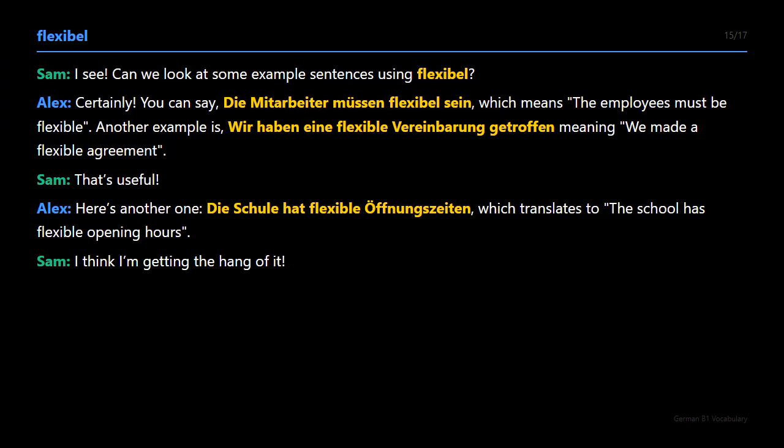Another example is, Wir haben eine flexible Vereinbarung getroffen, meaning we made a flexible agreement. That's useful. Here's another one. Die Schule hat flexible Öffnungszeiten. Which translates to the school has flexible opening hours. I think I'm getting the hang of it.